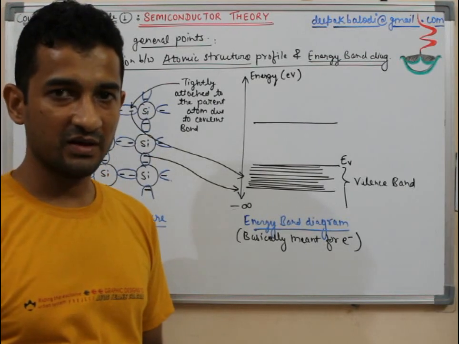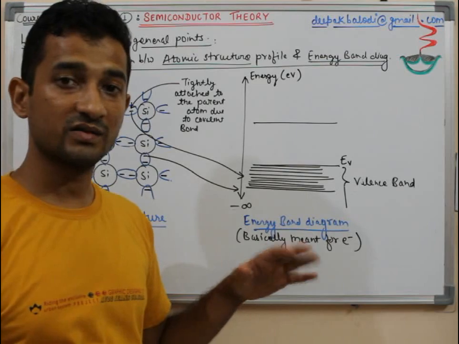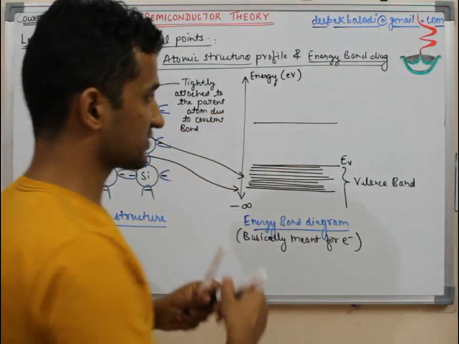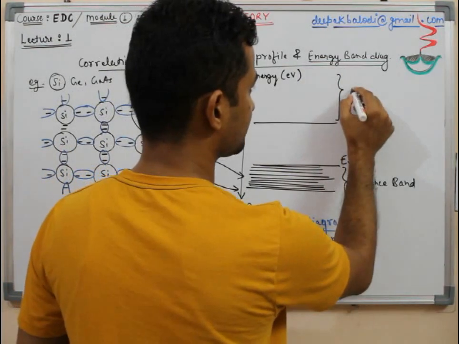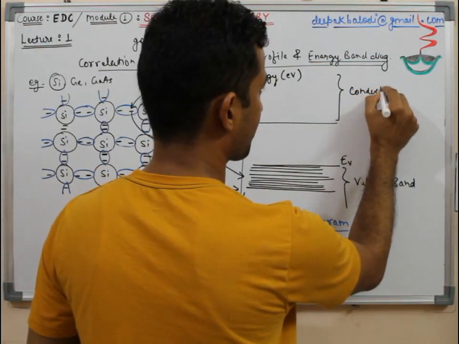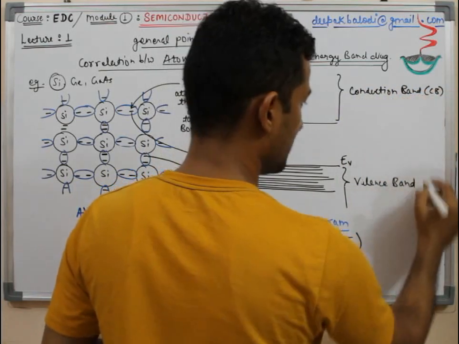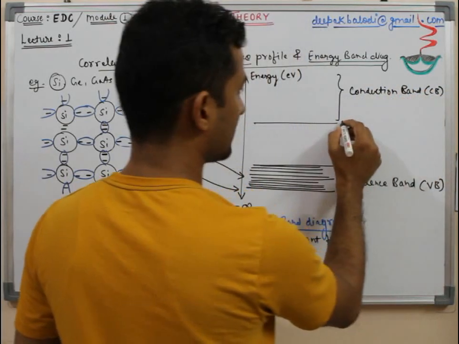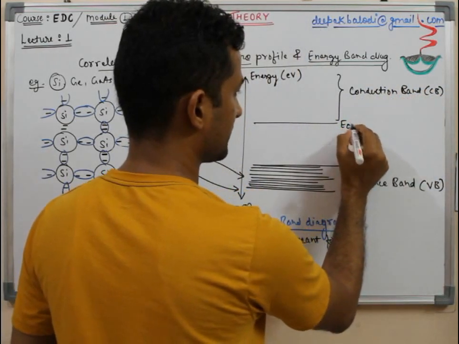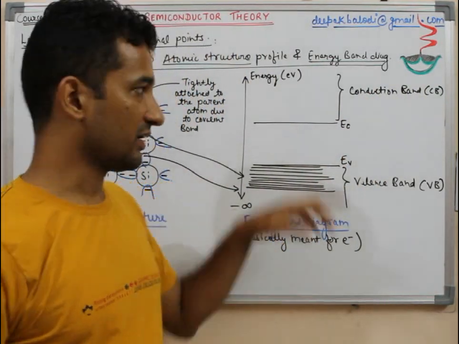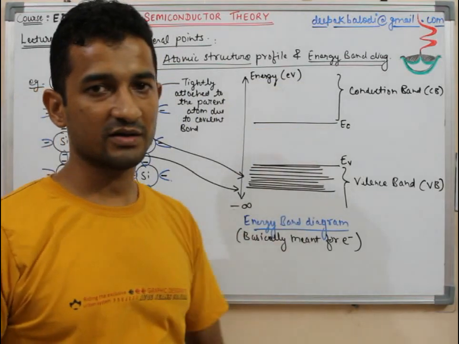When it is free, its energy is indicated by some energy level in this band. This band is called the conduction band. So in short CB, and this is VB, and the lowest energy level in the conduction band, the lowest edge of the conduction band, is EC.